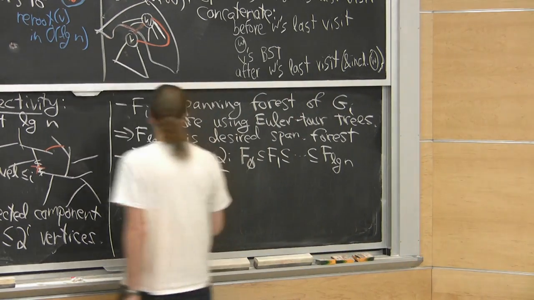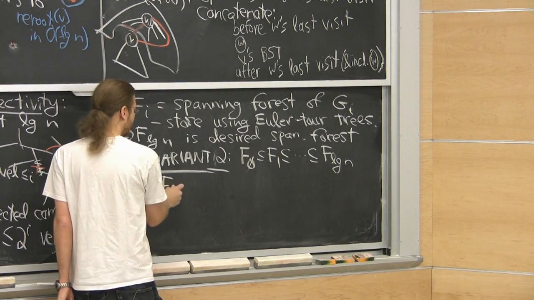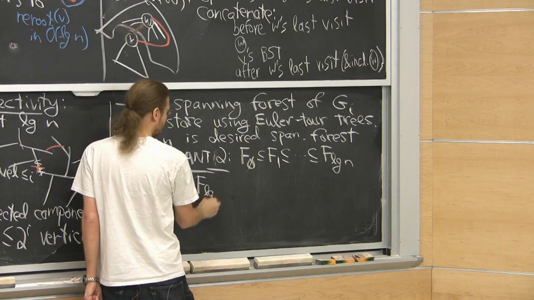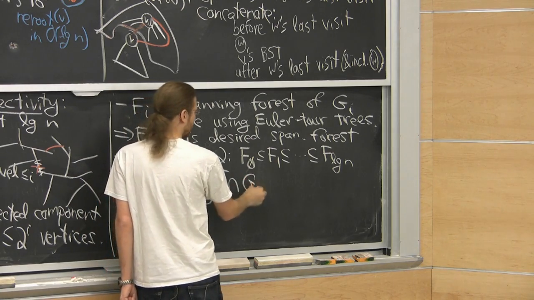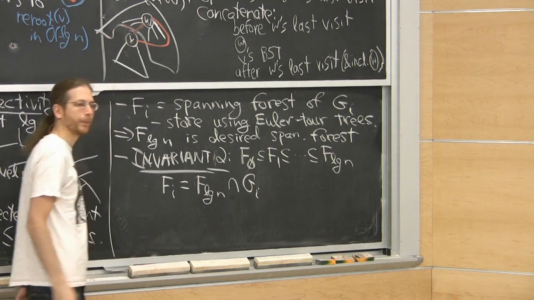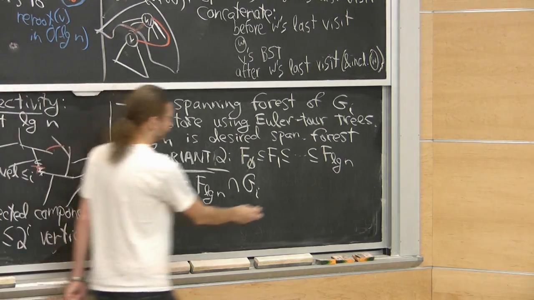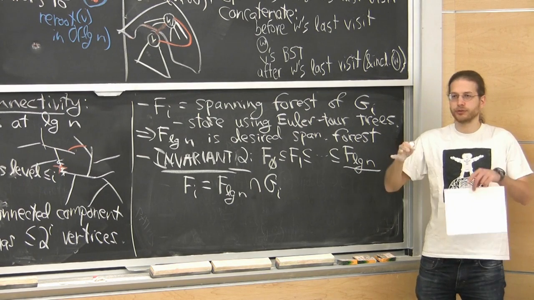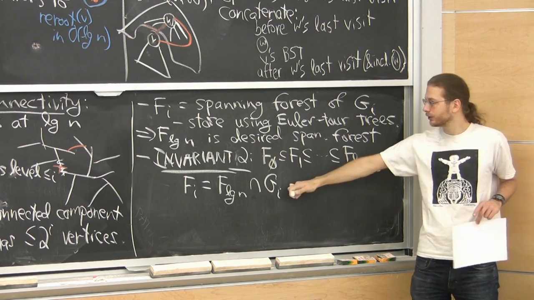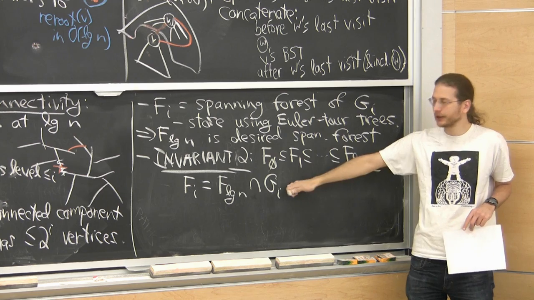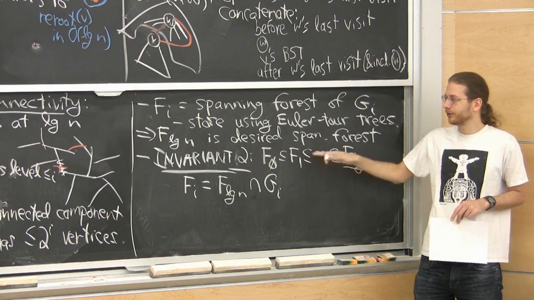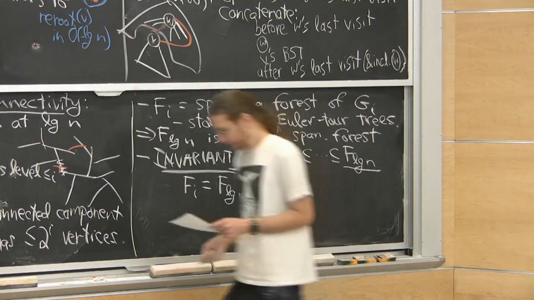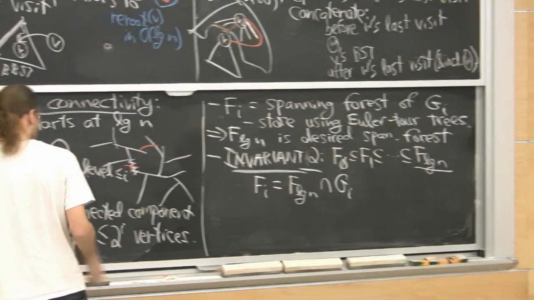All this is saying is that there's really only one spanning forest, F_log n. F_i is just F_log n, but restricted to the edges of G_i. So really we're trying to represent this forest. But then as we look at lower levels, we just forget about the higher level edges. Restrict to edges of level less than or equal to i. That's our smaller forest. This is, in some sense, the hierarchical decomposition of the forest. Okay, so there's really only one forest. That will make our lives way easier.